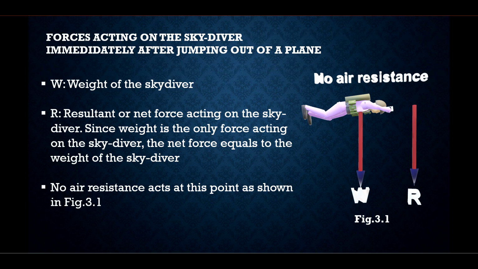As figure 3.1 shows, no air resistance acts at this point. The magnitude of any force is represented by the size of the arrow. I wish to reiterate, no air resistance acts at this point. There is no arrow representing air resistance on figure 3.1.